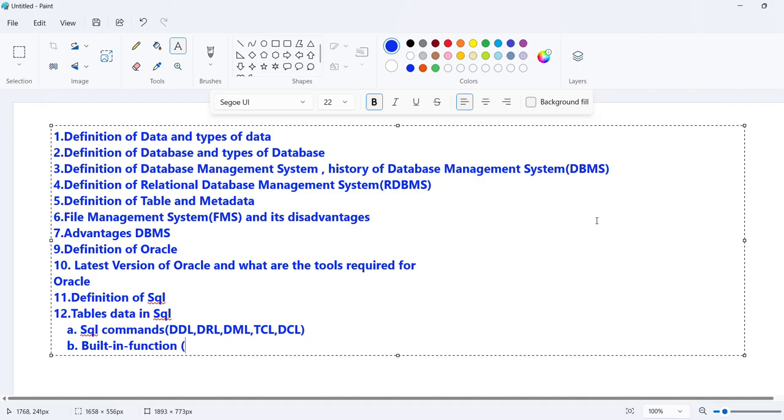In SQL, built-in functions contain some important functions, that are max, min, upper, lower.